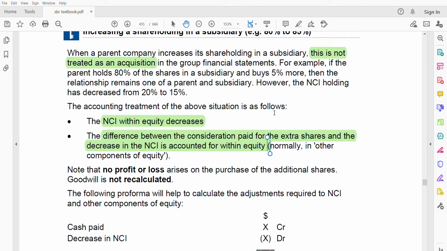So you have to find the difference between these two: the consideration paid for the extra shares, that means the second time when you bought, not the first time, and the decrease in NCI. It will be accounted within equity, and it will be recorded under other components of equity.